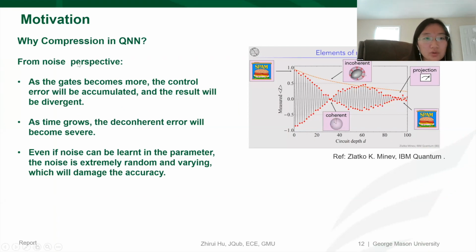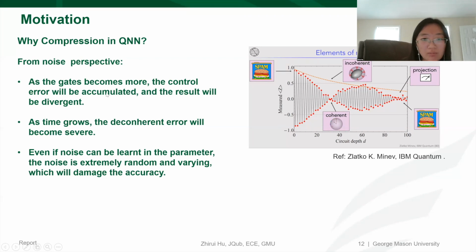Why should we do compression in quantum neural networks? First, from the noise perspective, this figure is from the IBM summer school.